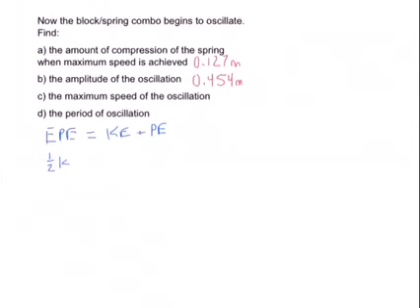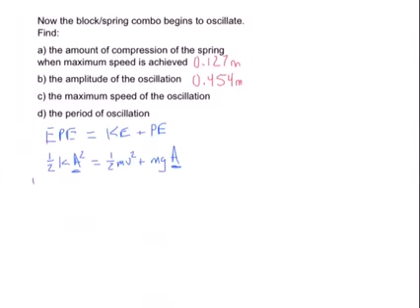So, 1/2 k A squared equals 1/2 m v squared plus mgA. And for both compression distance and for height, I use the amplitude. Again, max compression is when it's compressed at the amplitude for elastic potential, and the height of the equilibrium position is, again, the amplitude, so I can use that here as well. I should know everything in this equation other than the velocity.